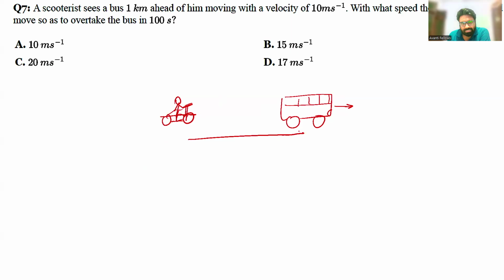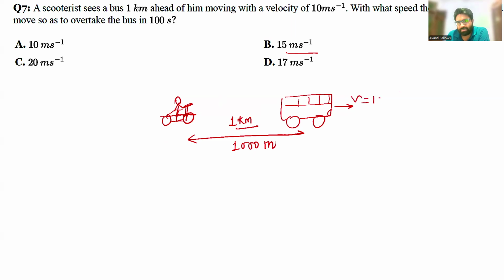So the distance initially between the bus and the scooterist is 1 kilometer. Since the answer is in meter per second, all the quantities are given in meter and second, so we'll convert this distance to meter. So it is 1000 meter. And the bus is moving with a velocity of 10 meter per second.